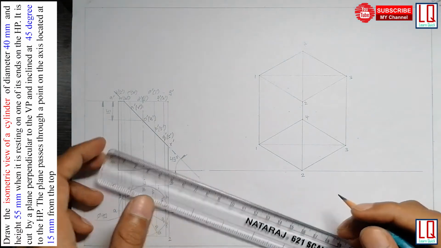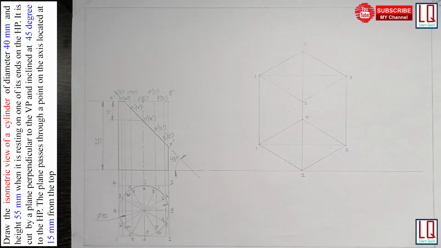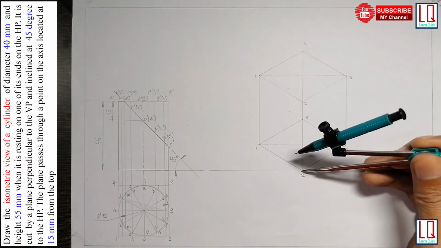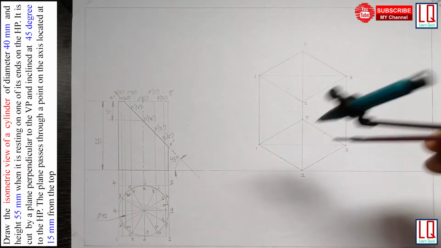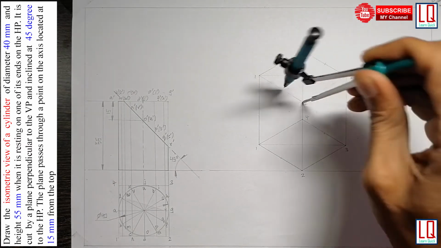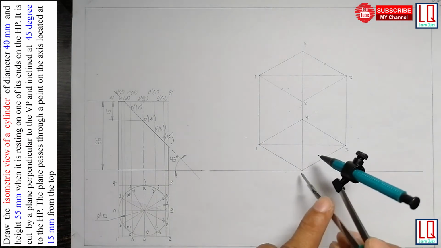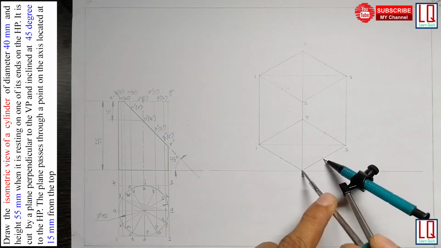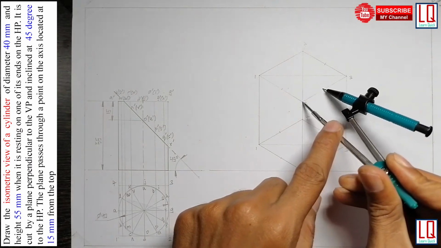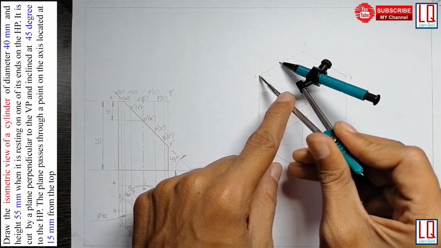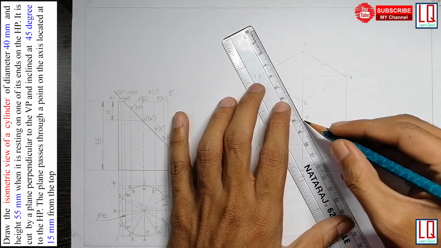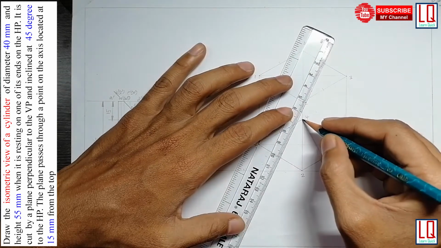Next step, we have to find the midpoint of all the 4 sides. The midpoint will be 20 mm from each corner. With the help of compass, I find the midpoint. Now we have to join the midpoint with the opposite corner, making V shapes.